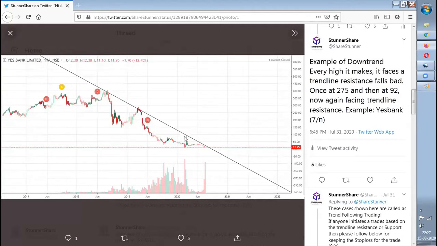Whenever the price is approaching this trend line, its upward movement is restricted, and from there it shows a rejection and started moving down. So this is an example of S-Bank, which I have taken for a downward trend line, which is also called a downtrend trend line or a resistance trend line.